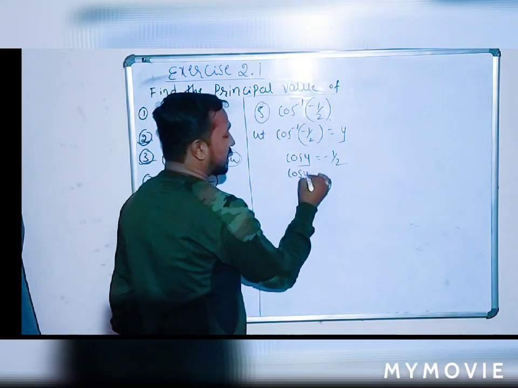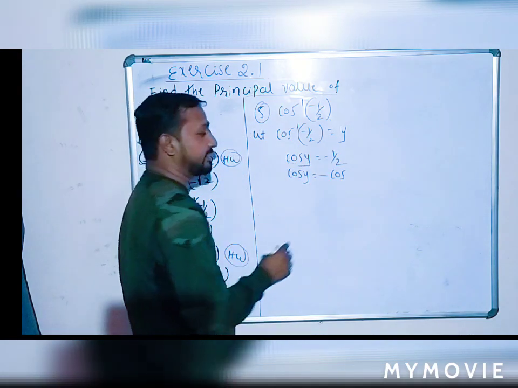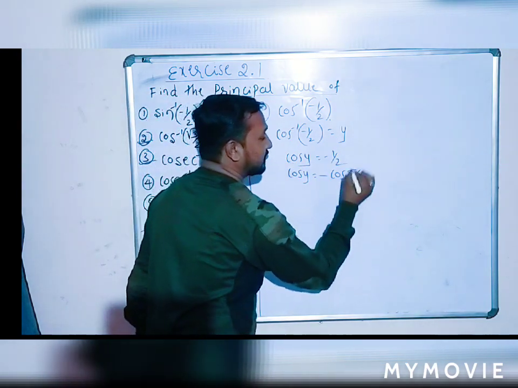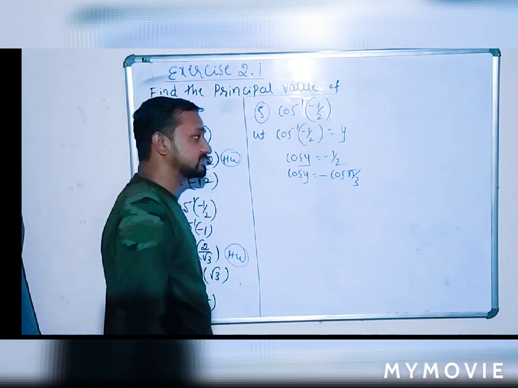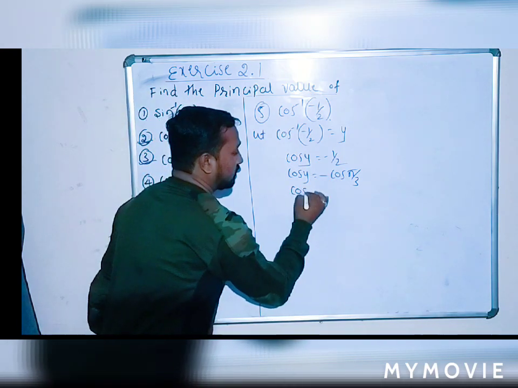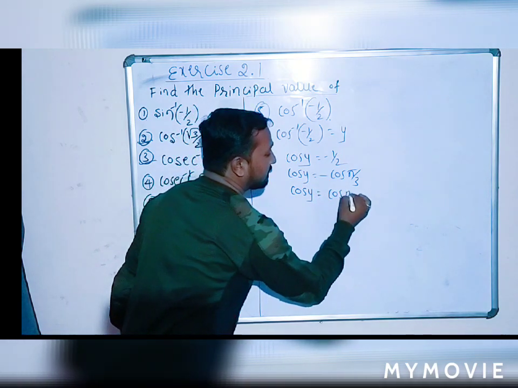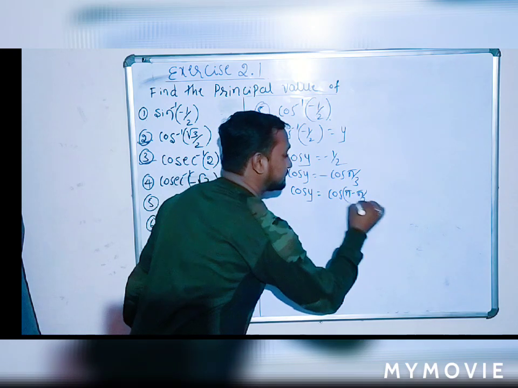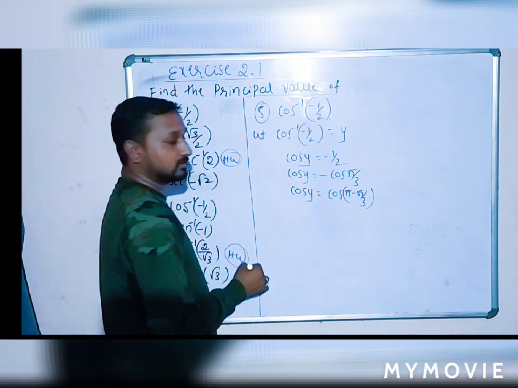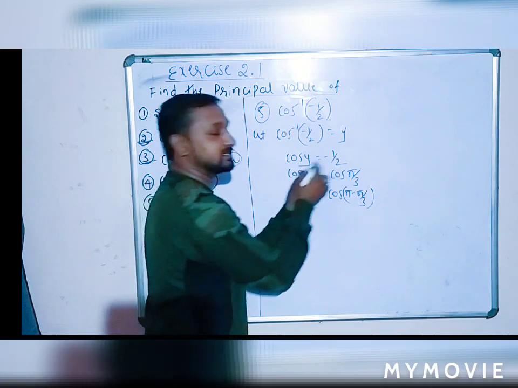In which angle is the value of cos 1 by 2? Pi divided by 3. Cos 60 is 1 by 2, so cos y is equal to cos of pi minus pi by 3. Why? Because cos of 180 minus theta is minus cos theta.